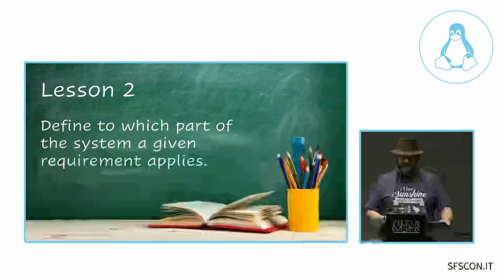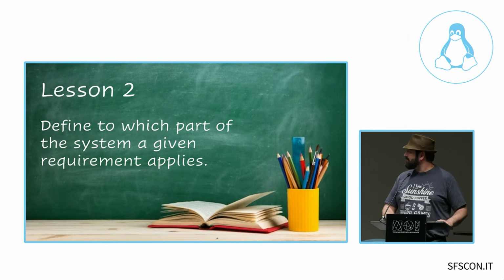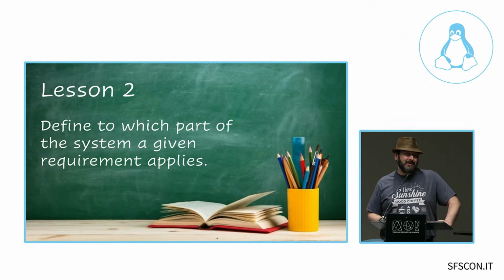So sometimes we define these requirements and we don't define the scope, so they cannot be so wide. It's important to define where these requirements should be applied. So the second lesson is to define to which part of the system a given requirement applies, because it's not to everything.